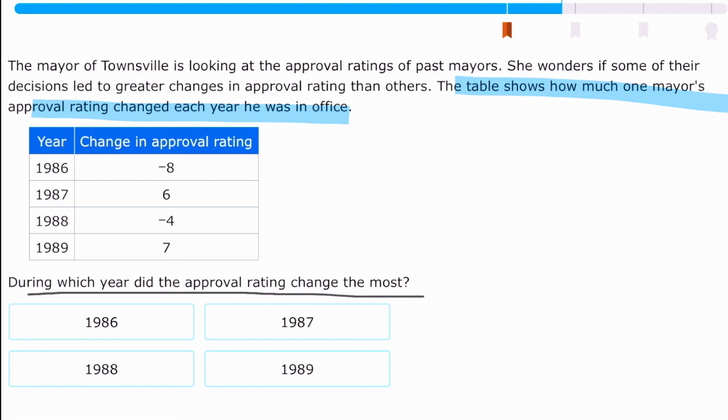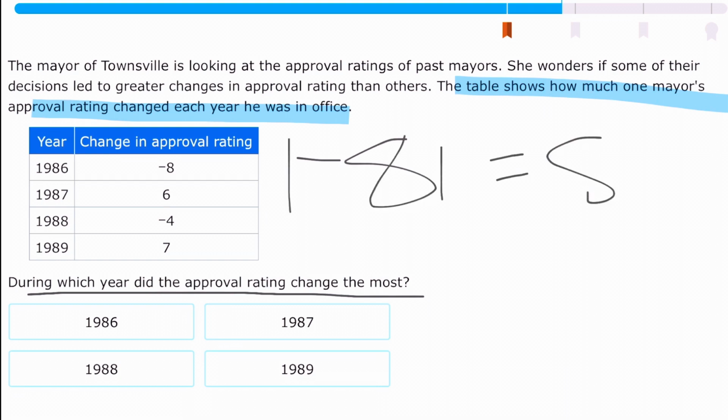Well, I don't know about you, but I don't think we need to do the absolute value for this question. It is possible: you find the absolute value of -8 and you get +8, and you find the absolute value of -4 and you get +4. So 8, 6, 4, and 7.